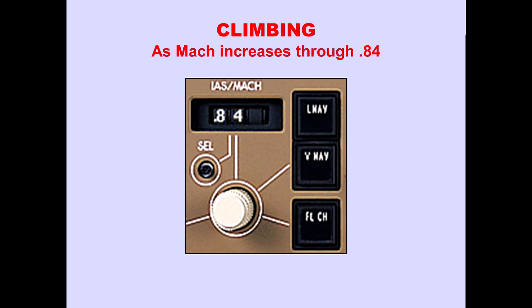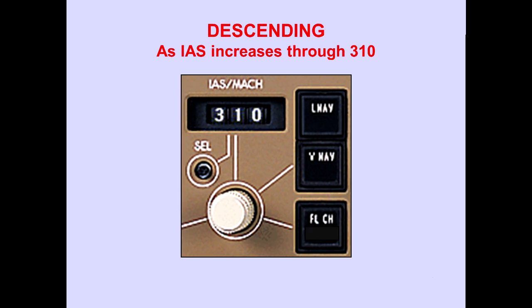During climbs, the IAS Mach window automatically changes from indicated airspeed to Mach as Mach increases through 0.84. During descents, the IAS Mach window automatically changes from Mach to indicated airspeed as indicated airspeed increases through 310 knots.